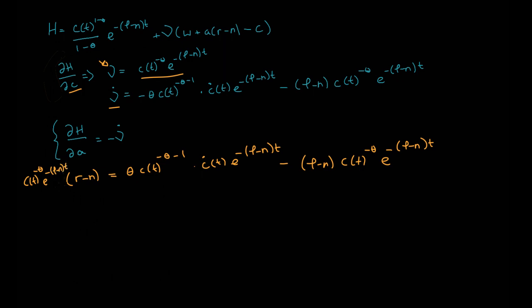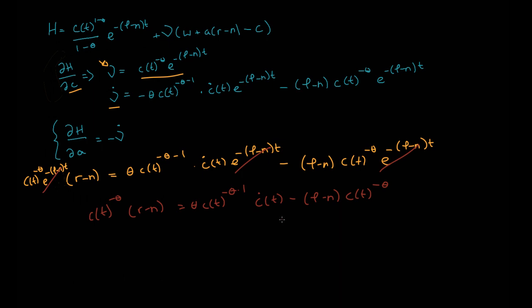And the first thing that should jump out at us is that all of these e terms cancel out, which is great. So we'll divide everything by e. And we'll be left with c(t) to the minus theta times (r minus n) equals theta c(t) to the minus theta minus 1 c prime(t) minus (rho minus n) c(t) to the minus theta.